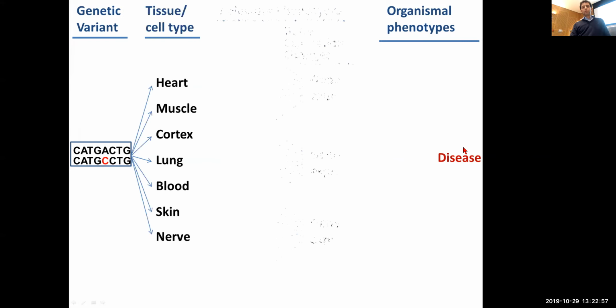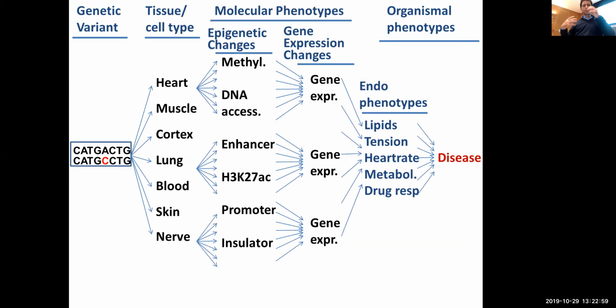But what we would like to do, as informants of medical treatment, is figure out what tissue things are acting in, what intermediate gene regulatory changes are happening, what are the genes whose expression changes, what are the intermediate phenotypes, like thermogenesis, that are altered, and how is this enabling us to paint a picture, a causal path from genetic variation to disease. Who's with me so far?